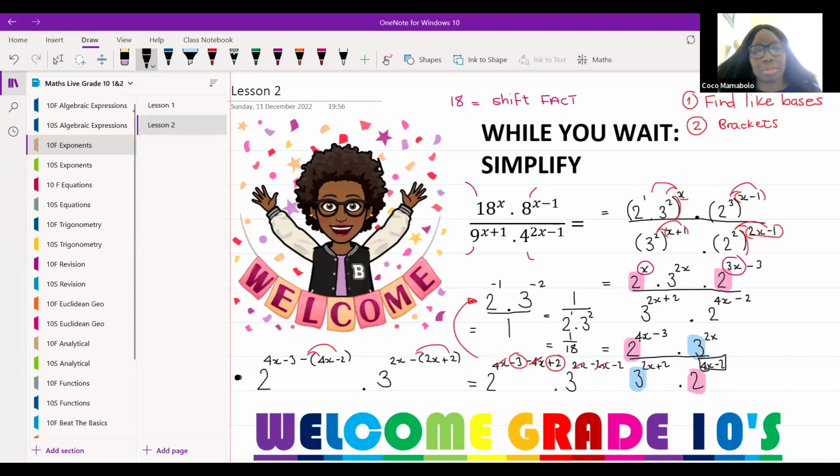Amanda says, isn't it 4x minus 3 because you multiplied it with a negative? Amanda, where are we talking about, my darling? Where have I lost you? Okay, so what we've done, Amanda, is we've taken 4x minus 3 minus 4x minus 2.